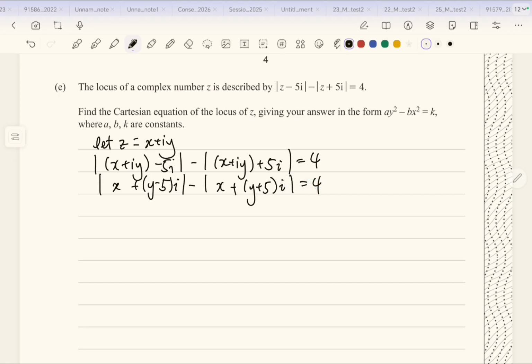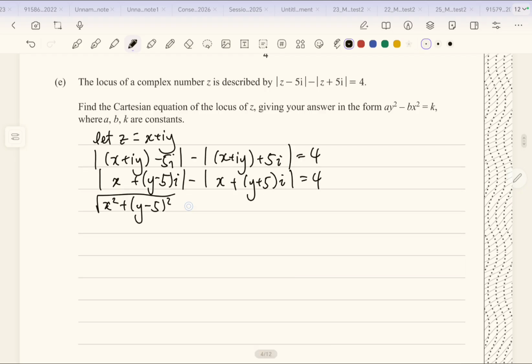Now, instead of square rooting right now and then squaring both sides to try to get rid of the square roots, a better way is to move one of the modulus to the other side. So 4 plus the square root of x squared plus (y plus 5) squared.